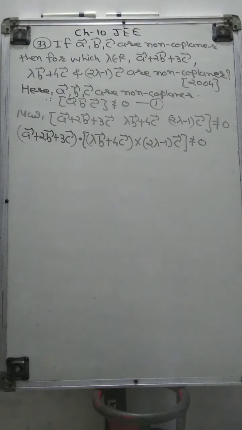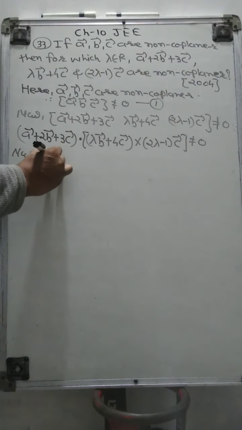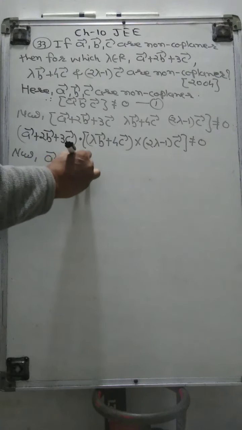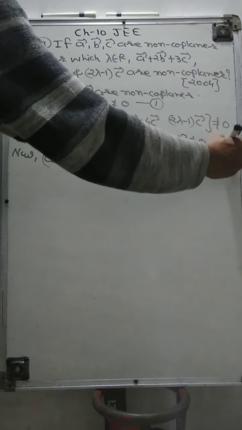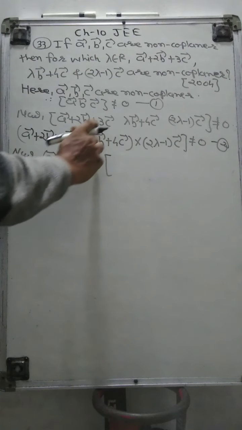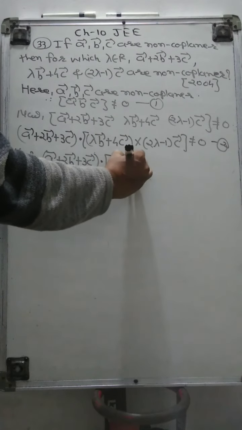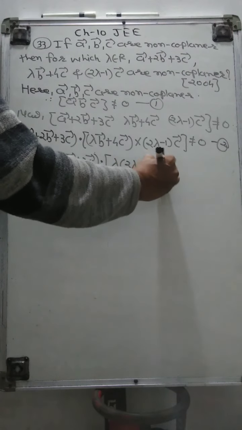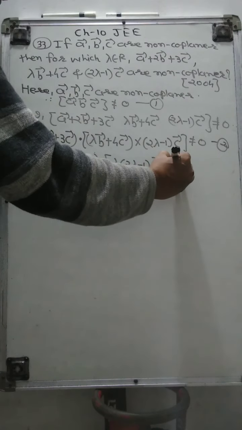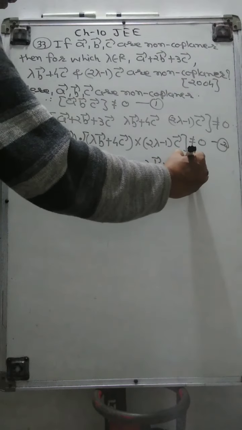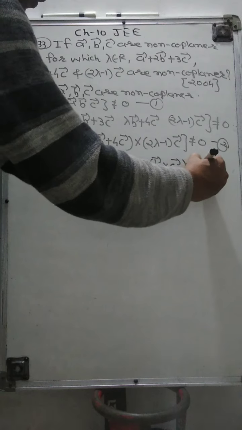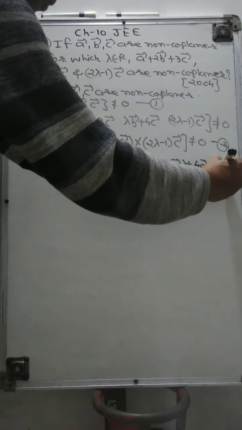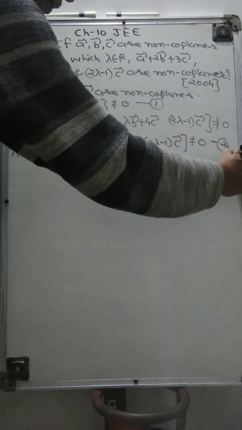Now we just simplify this. So here now a bar plus 2b bar plus 3c bar dot, this is second result, dot lambda into 2 lambda minus 1 b bar cross c bar, plus 4c bar cross 2 lambda minus 1 c bar.